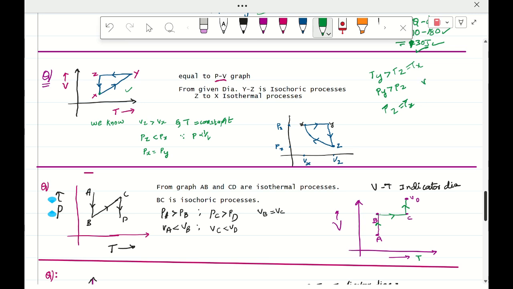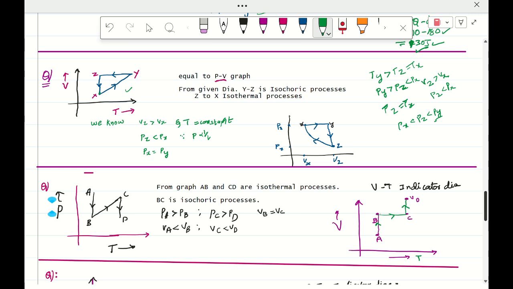That means here Vz is more than Vx. Therefore, Pz is less than Px. Overall, Px is less than Pz is less than Py. Py is more. So this is the relation from the given graph, the relation between the three quantities.